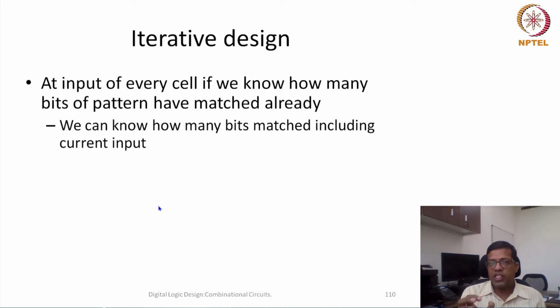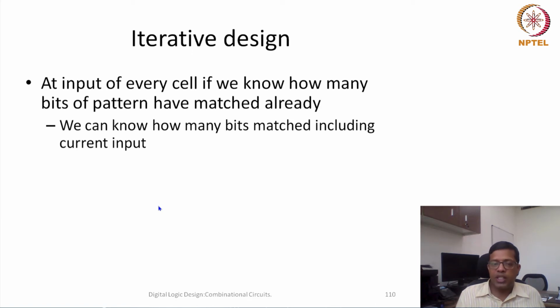If we have such a generic input and output, then we can have this iterative cell starting from bit 0, bit 1, bit 2, bit 3, and this can go on for n bits.